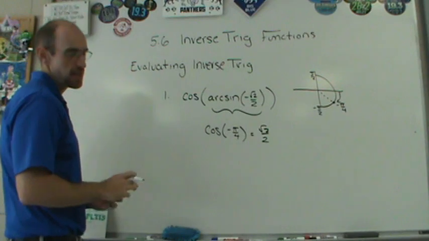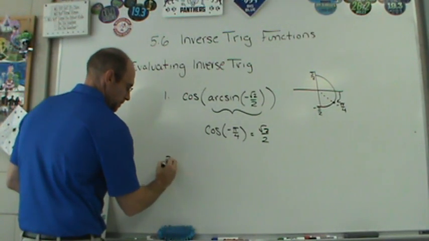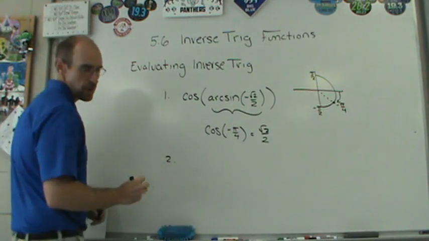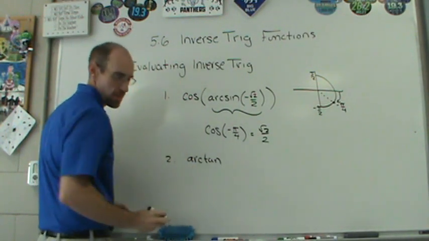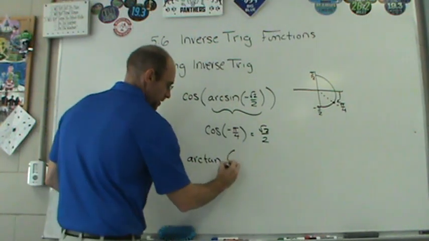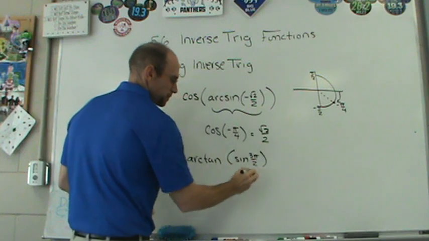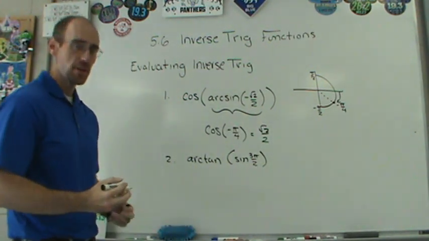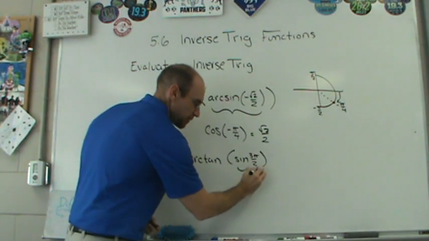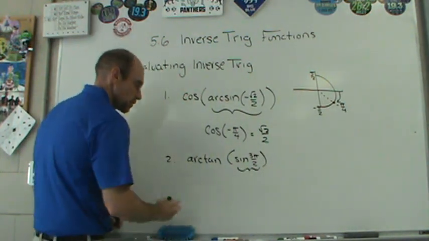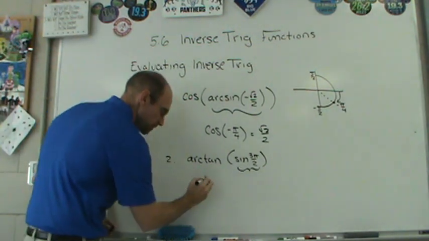All right, so let's take a look at one more here. All right, arctan of sine 3π/2. So this, we're going the other way. The inverse is on the outside. So let's start off with sine of 3π/2. Now sine of 3π/2, we know from the unit circle, is -1.